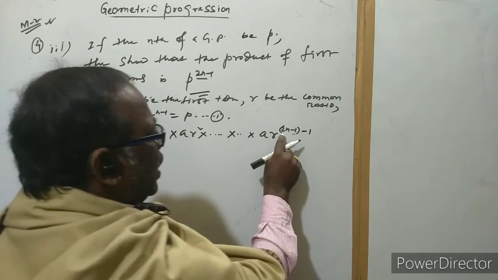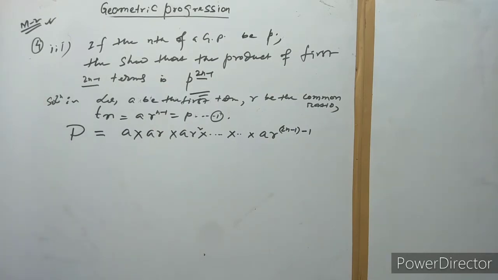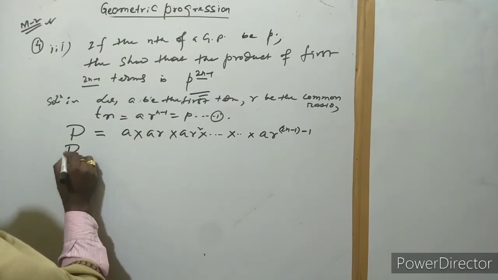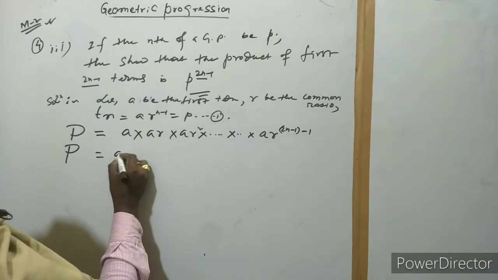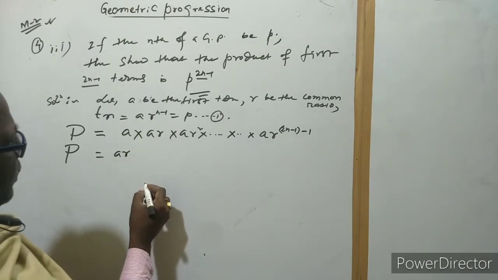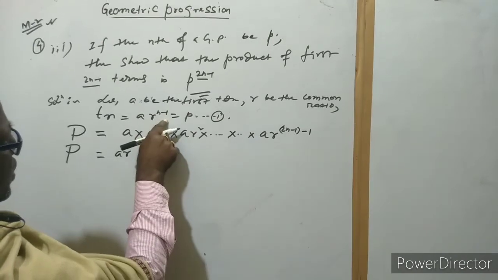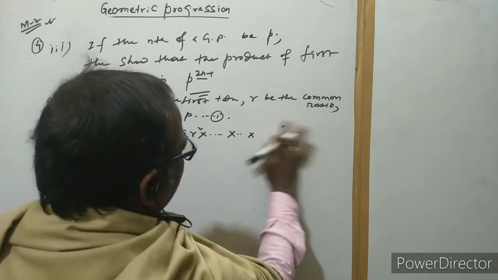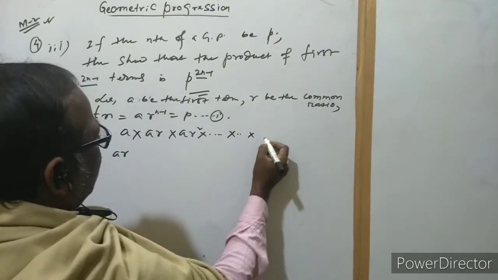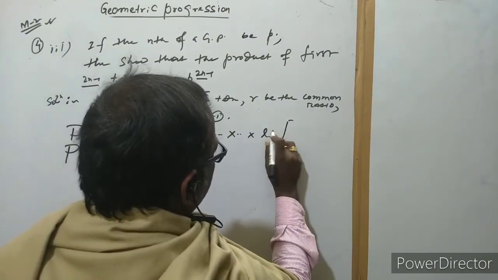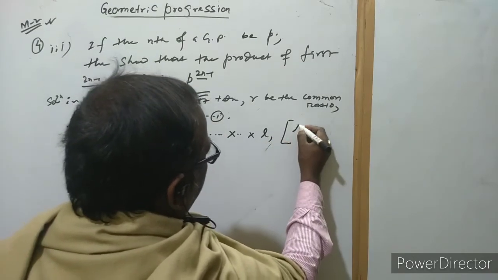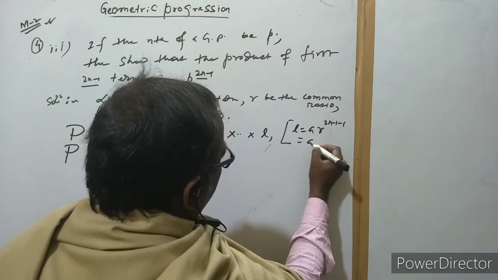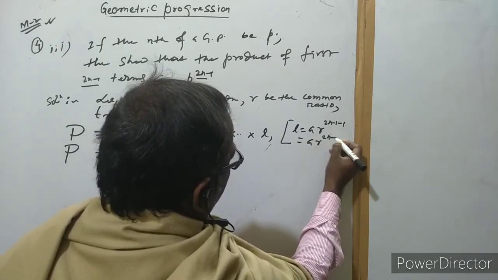So now n here is 2n minus 1. So you can write like that. Again we repeat the P in the form of A into R to the power. Actually let us assume we write here as L, which is L is equal to A into R to the power 2n minus 1 minus 1, that is A into R to the power 2n minus 2.